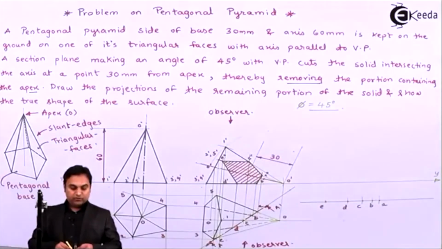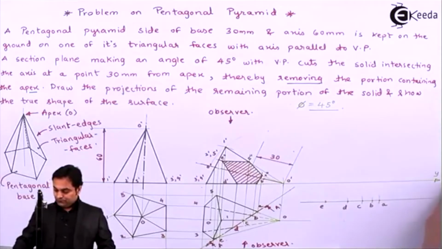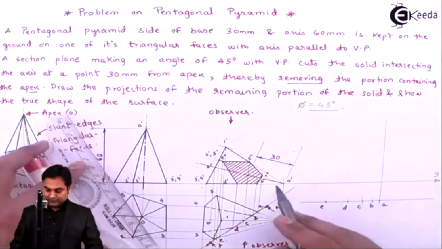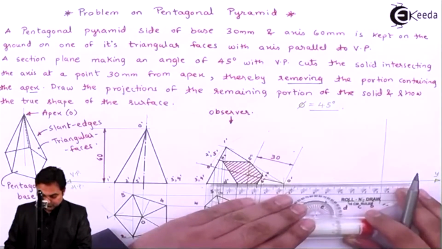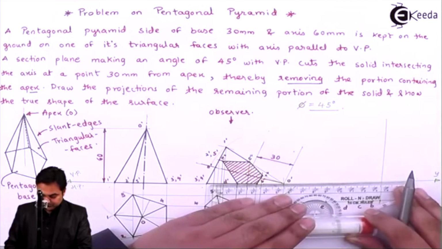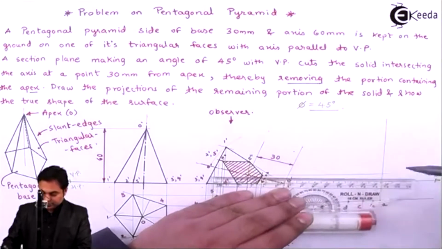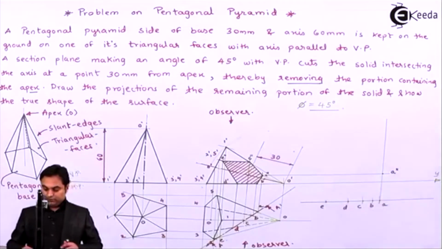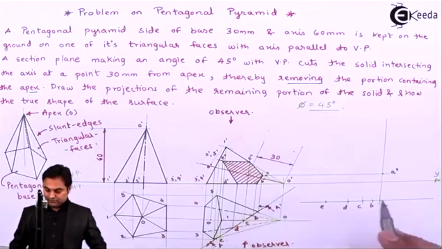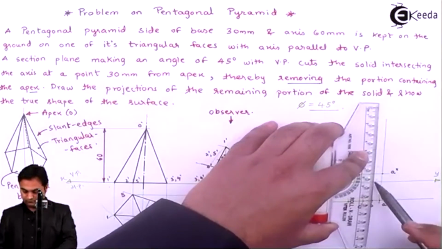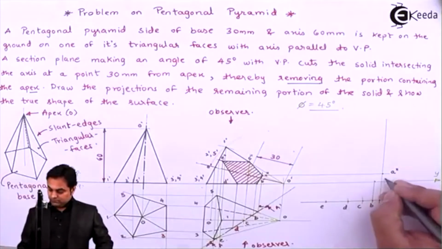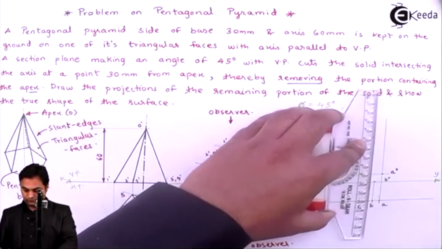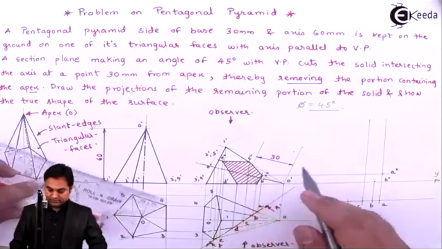Projecting these points upwards, that is in the front view, starting with point A. So point A and A double dash, where they will intersect, that will give me A double dash. Point B, it is on XY line, B double dash. Point C, and here we have C double dash.